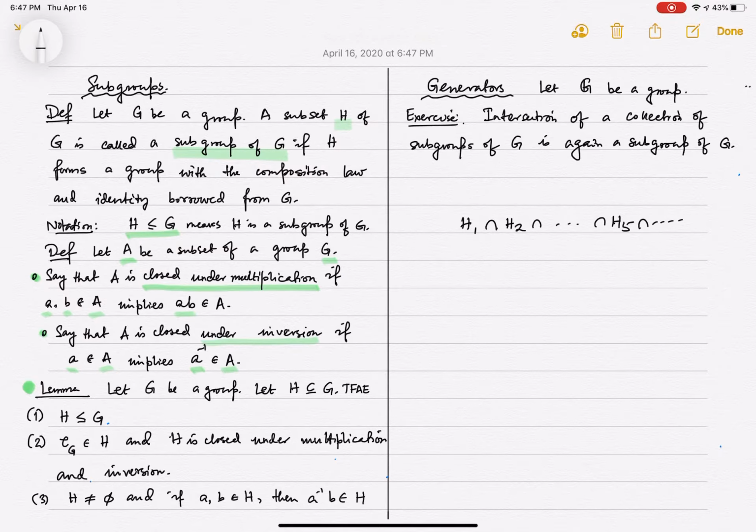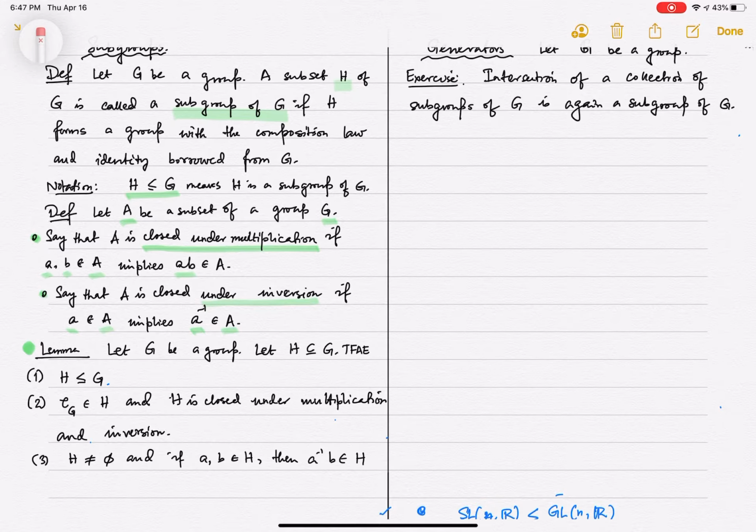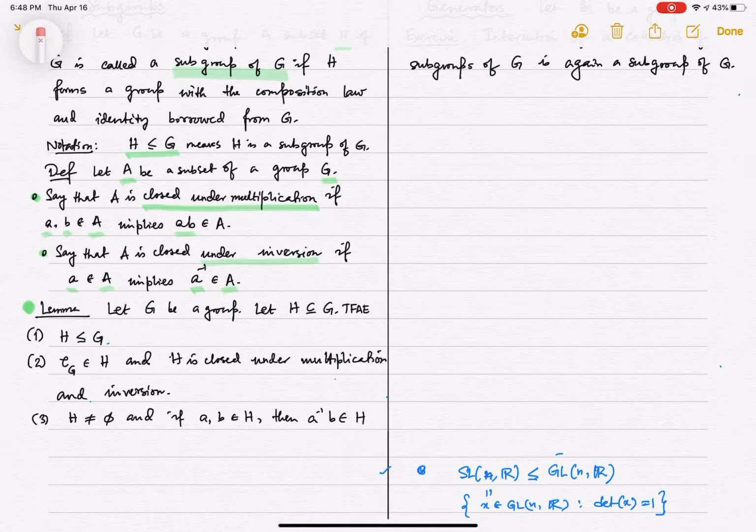That's why I say it in words, because I am not saying that there are countably many or anything. There could be any number of them. Finite, infinite, as many as you want. And the proof of this exercise is just straightforward from this lemma on the left. You just check these 3 conditions, that the intersection again satisfies these conditions given in the lemma part 2.